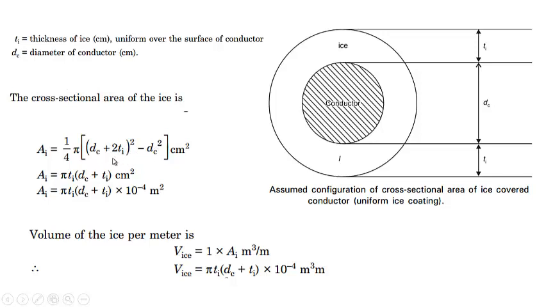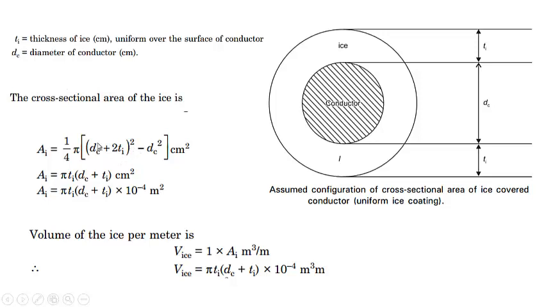So when we open it up, it will be equal to dc square plus 4 ti square plus 4 ti dc minus dc square. This dc square and this dc square will cancel out, and we are left with 4 ti square plus 4 ti dc. The 4 will cancel out with this pi by 4. Then we are left with pi times (ti square plus dc ti).